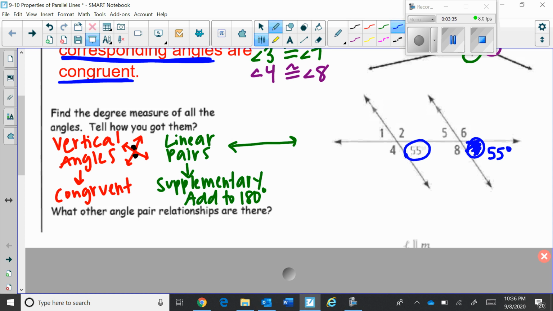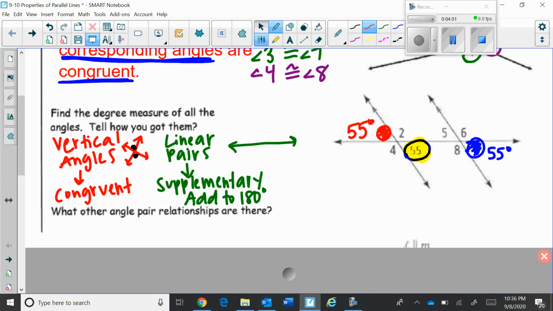So if we go back to our blue 55 degrees, let's find our vertical angle. Looking at our original 55, which one, 1, 2, or 4, is going to be its vertical angle? Correct. Number 1 is its vertical angle. If those two are vertical angles, that means angle 1 is also 55 degrees.